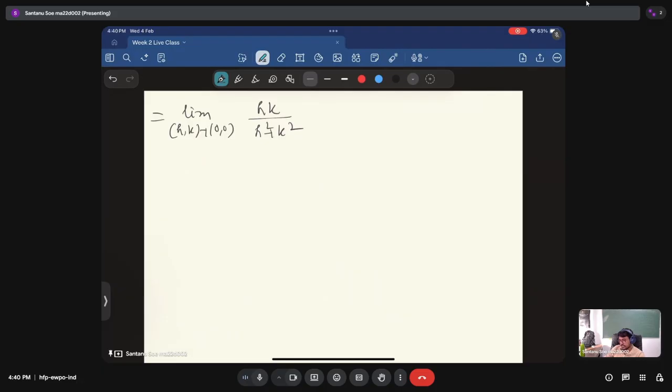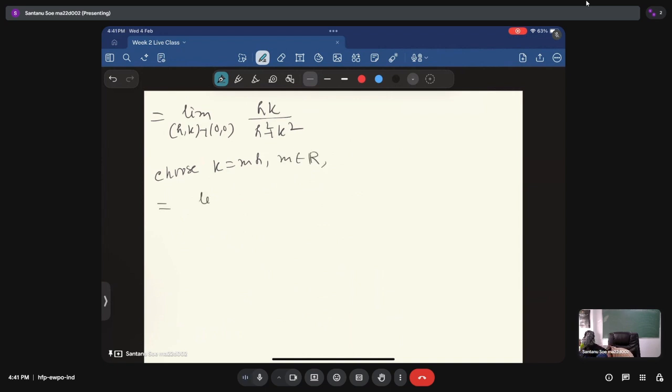Now for the function to be differentiable at (0, 0), this limit should go to 0. But I think we can all guess at this point that this limit at (0, 0) does not exist. This is because, choose the path k equals mh, where m is a real number.